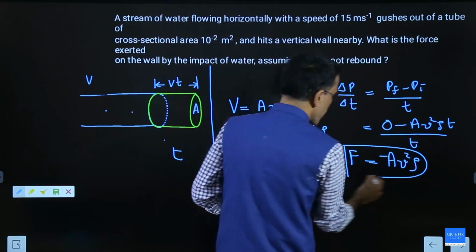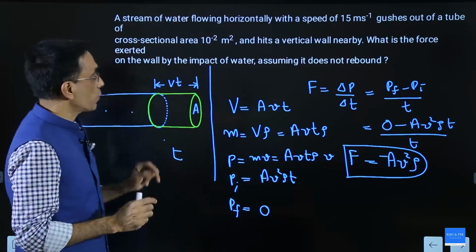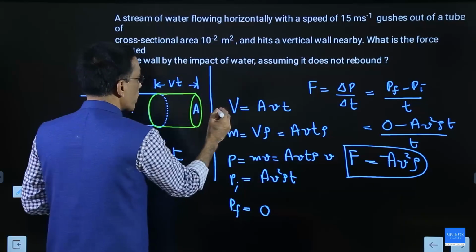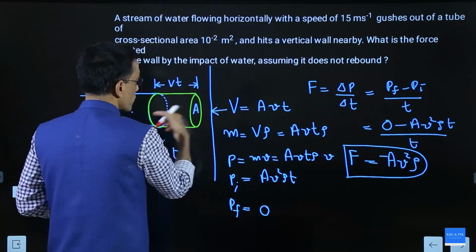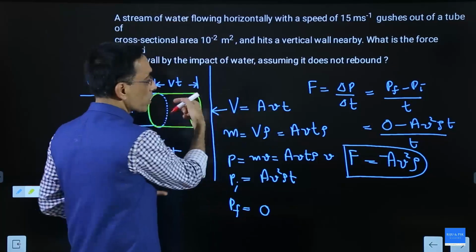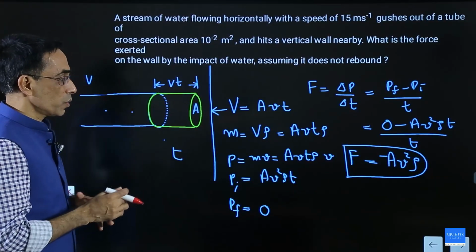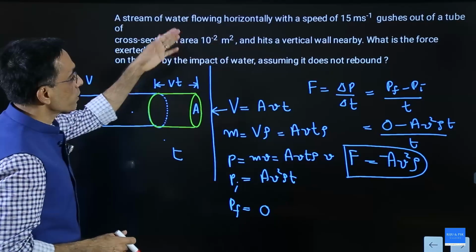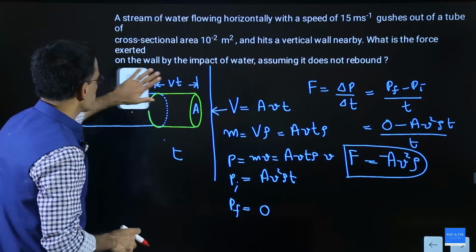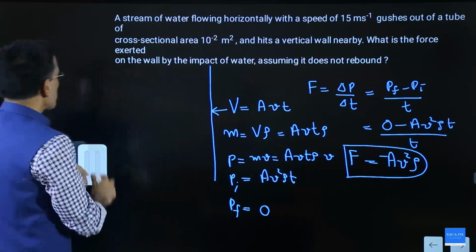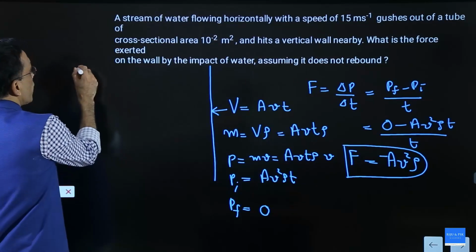What is the meaning of that negative sign? Negative sign indicates that the force acting on the water from the wall is in this direction, opposite to the velocity. This is the force acting on this thing. Minus A v square rho. Okay. So then now you can substitute that one and calculate the force. I think this part is okay. So you keep this in mind.